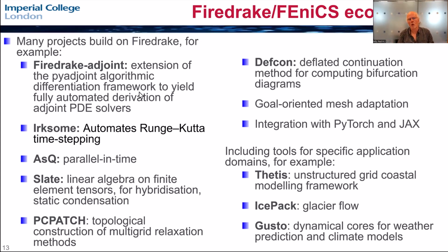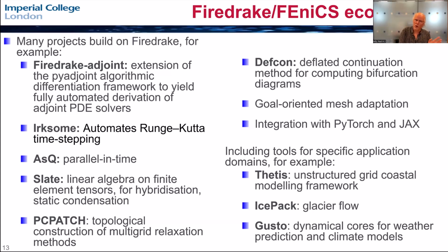Another really big and important one is Firedrake Adjoint, which builds on work from Phoenix people, actually. And this essentially is where, because we're capturing a mathematical model of what's going on, we get automatic differentiation for free. Or rather, in the PDE world, the derivation of adjoint PDE solvers. And this opens up a world of inverse problems, of solving for the optimum shape of a blood vessel, that kind of thing.